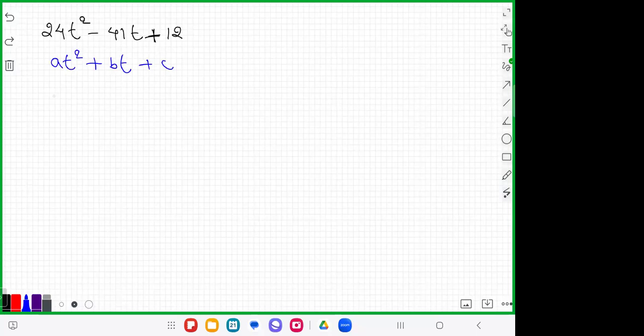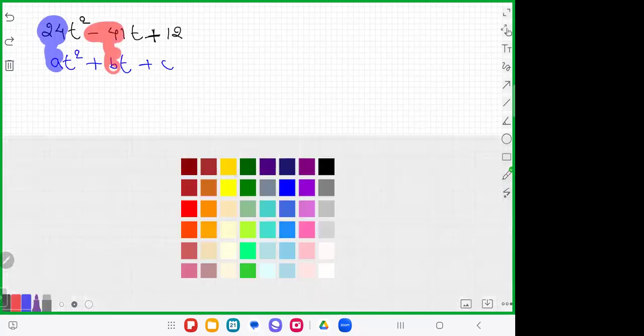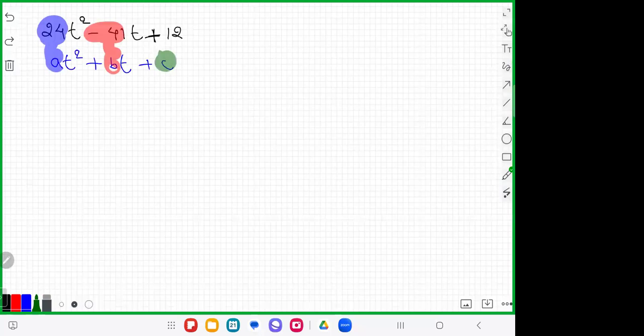When we compare, a is equal to 24, b is equal to minus 41, and c is equal to 12.